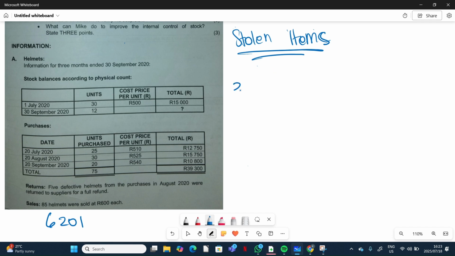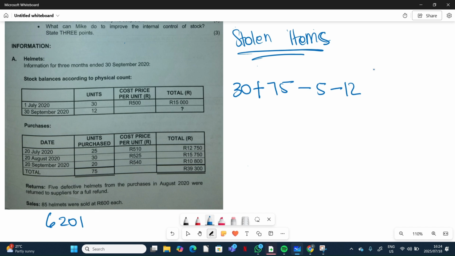We start with our opening stock, the units, it's 30. And what do we add? We're gonna add our purchases, which is 75. Then we are going to subtract our returns. We returned five helmets, so you subtract the returns. Then we subtract the closing stock too, which was 12.